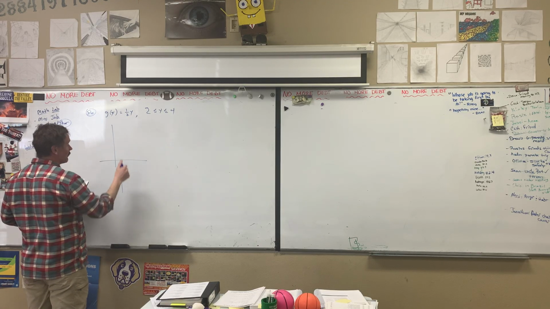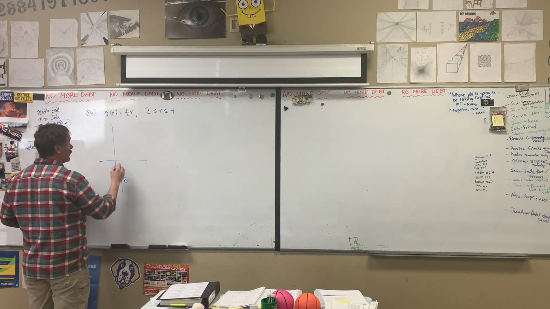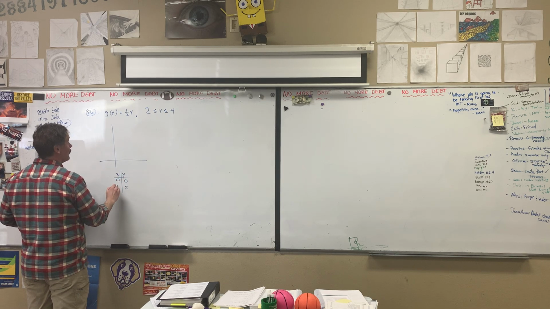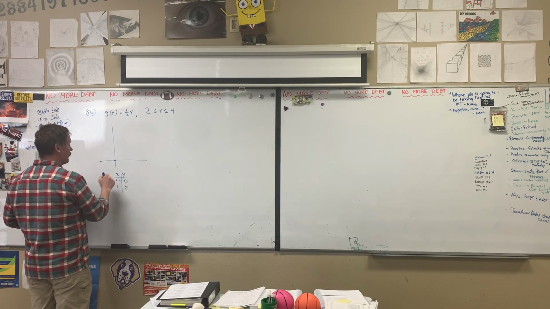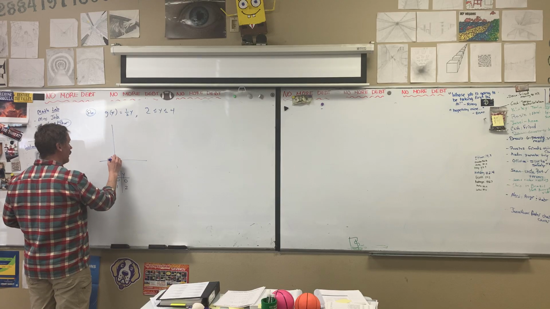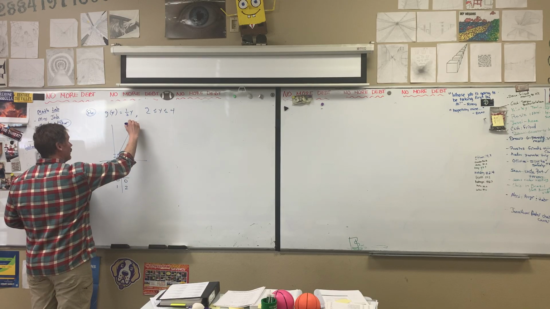So I plug in 0 for y, I get out 0. You plug in 2 for y, you get out 1 for x. So just going in reverse. So it's 0, 0, and then over 1 up 2, like that. And then you have this line going like this, right?